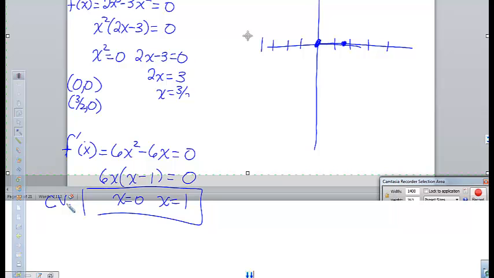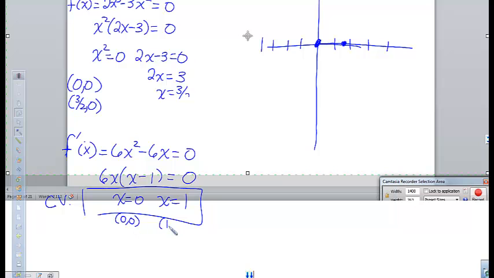If we want to, we can go on and figure out what their y coordinates are by plugging back into the original function. So if I put 0 in, we already know we get 0. So we get 0, 0 for this one. And then if we plug in 1, we're going to get negative 1.